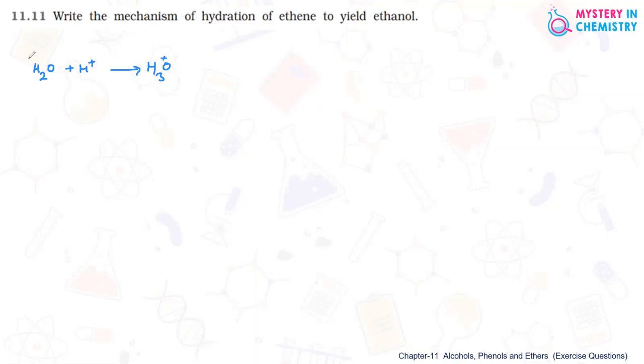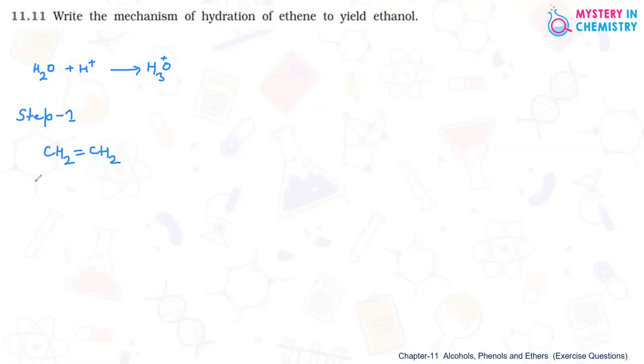So, in the first step, step 1, we can write: protonation of ethene is taking place, and with that the formation of carbocation is there. So, first of all, ethene molecule we are taking. So, ethene molecule is CH2 double bond CH2.